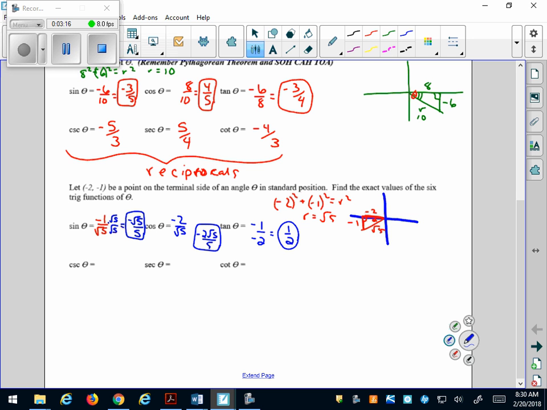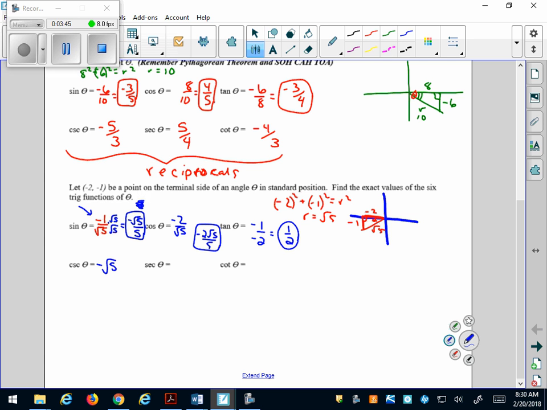So I could go back to my original, -1 over radical 5, do the reciprocal, and I just get negative radical 5 over 1. You see what I'm saying? Instead of doing the reciprocal of this one, I'm going to have to rationalize the denominator again. So go back to the original instead, and then you don't have to do that process again. It should come out the same both ways.